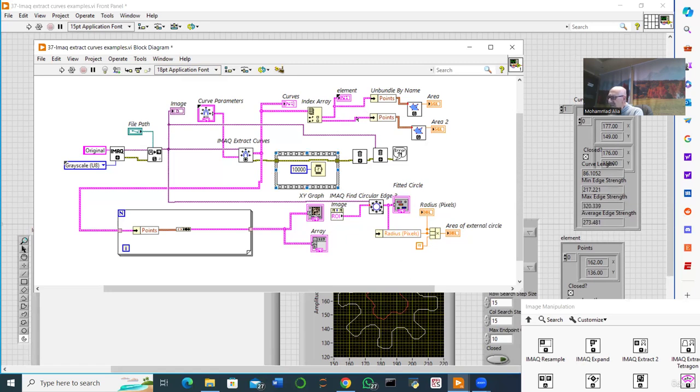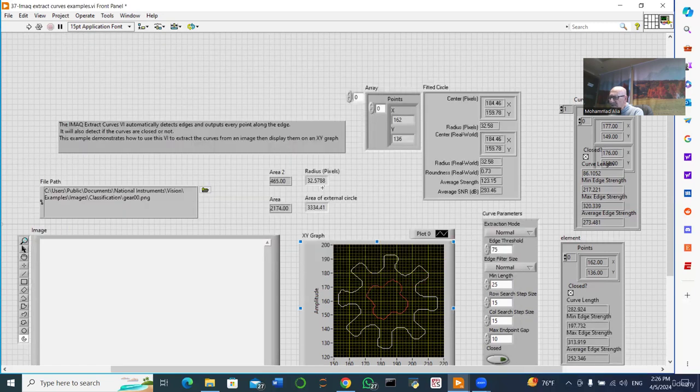And also I am interested in the points at the perimeter of the second configuration. Now I have two arrays. I introduce them to the find area of a polygon function, and I get the area of the external and the area of the internal complex configurations. Both areas are here.